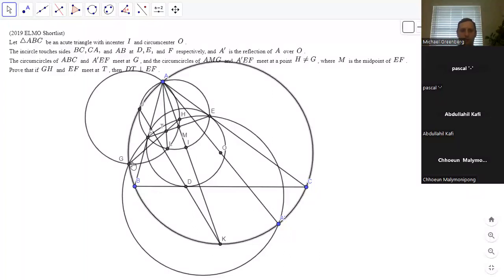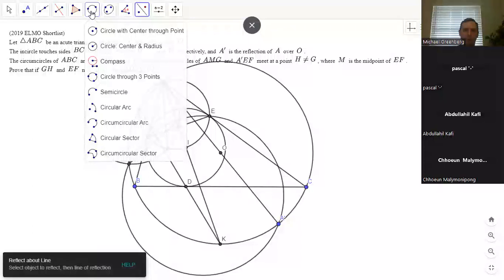But I don't know where B and C would go to, that's the thing. For this circle, E and F would stay the same. I don't know where A prime would go to. But I like that idea.